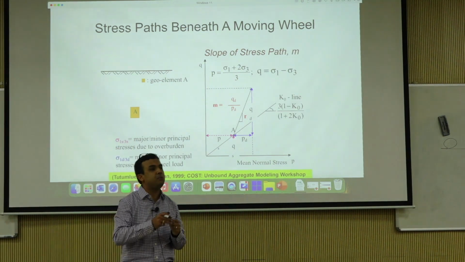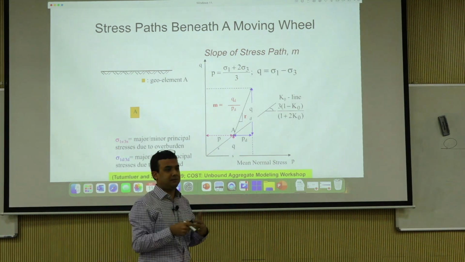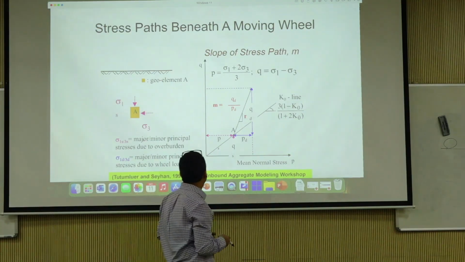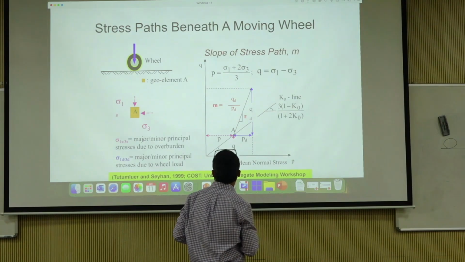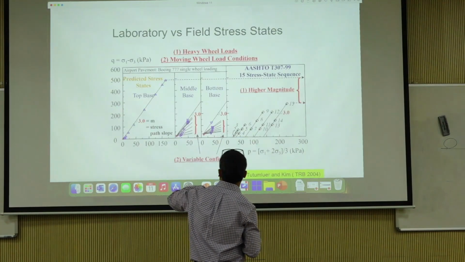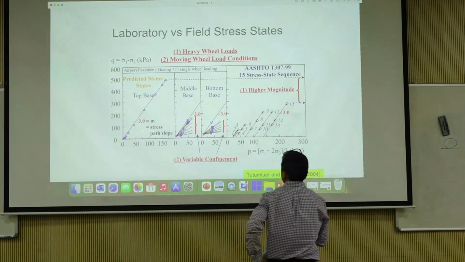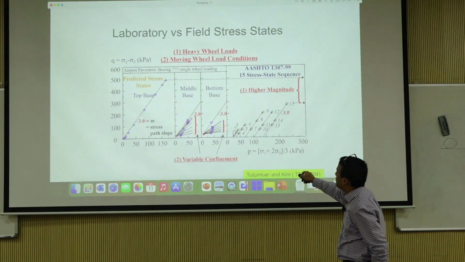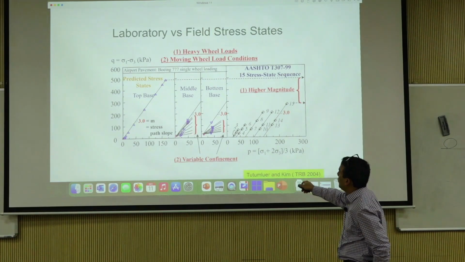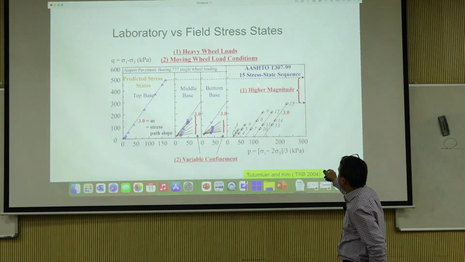You can simulate any stress path you want, right, in there. So this is sigma 3 sigma 1, and then it changes as you apply more loads and stuff. So then you can actually test it differently. For top of base, for middle base you can actually rotate it, bottom base you can actually rotate it and stuff, and you'll actually have different stress sequences.